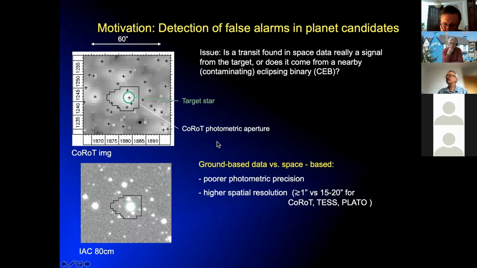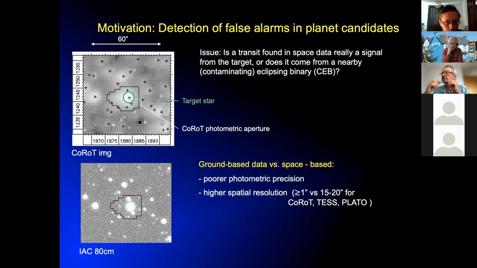So on the first one, the detection of false alarms in planet candidates, most space missions, and I'll show a table in a moment, I think all except Kepler really, have this issue that the spatial resolution of the telescopes of the space missions is rather poor.